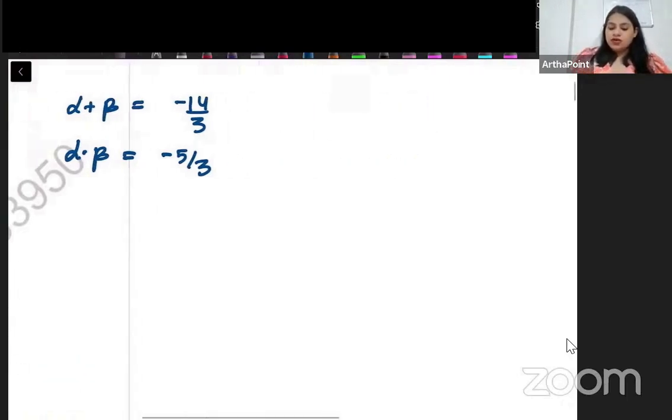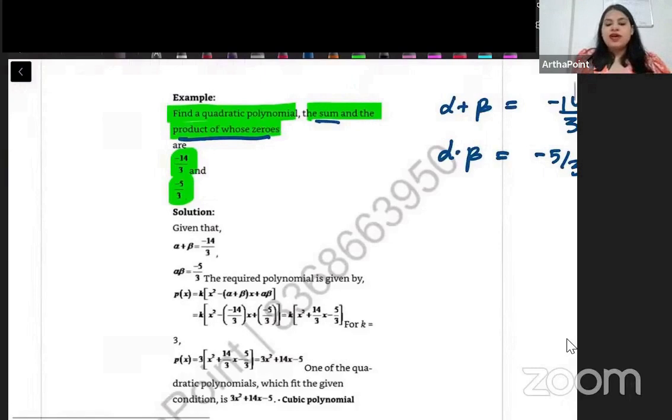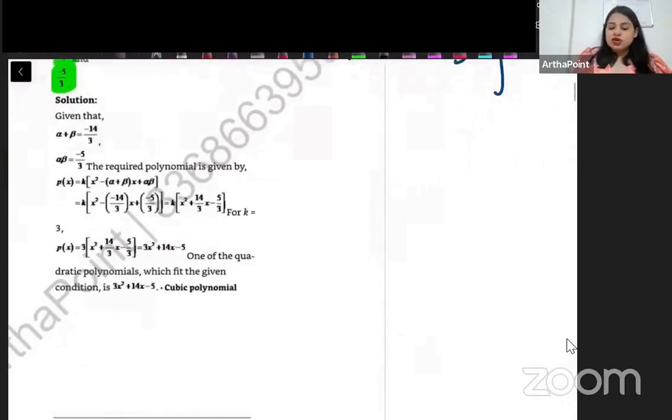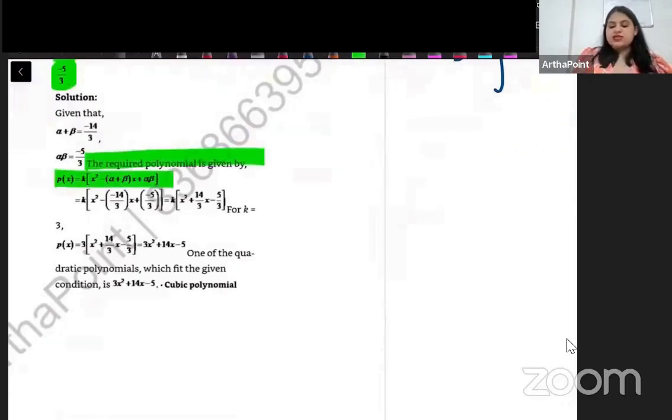So from here, we can solve for the value of alpha and beta. So this is how we have done this. Look, the required polynomial is given by this.